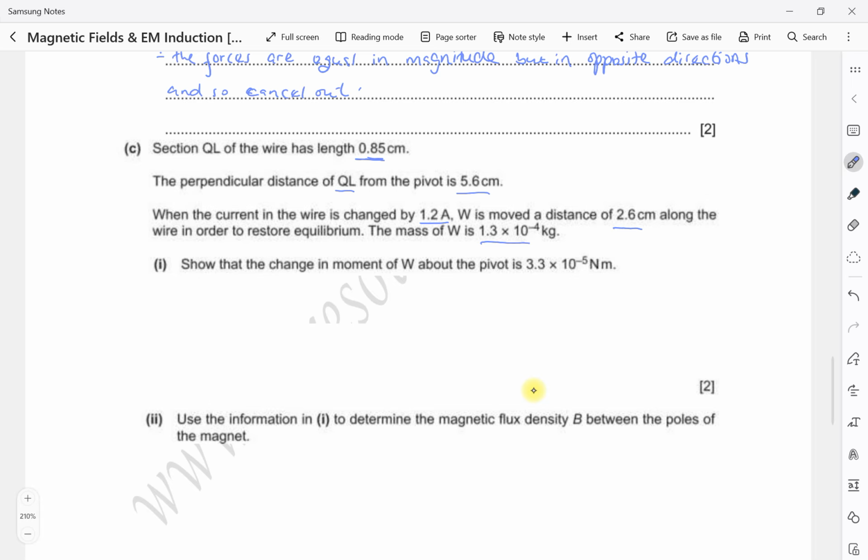Show that the change in moment of W above the pivot is 3.3 times 10 to the power of minus 5 Newton meters.